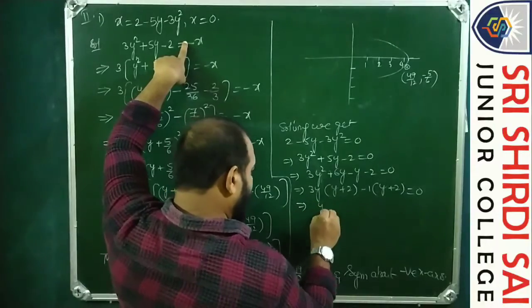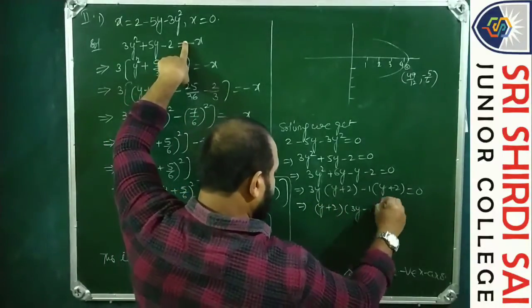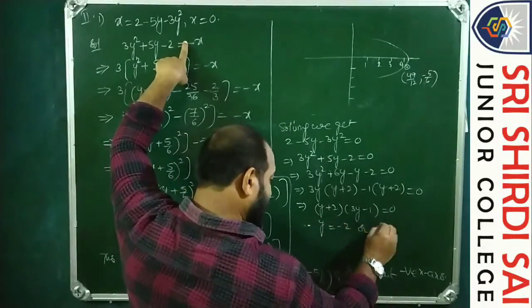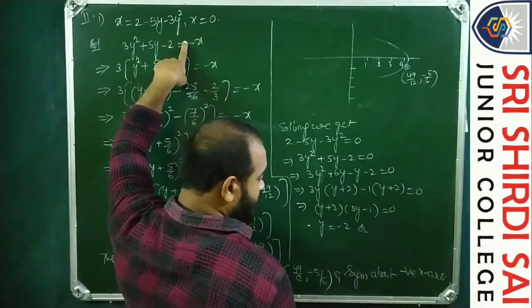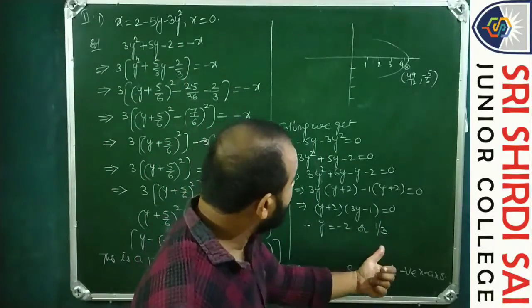So this is (y + 2)(3y - 1) = 0. Therefore y = -2, and 3y - 1 = 0, so y = 1/3. Therefore, it cuts at -2 and 1/3.